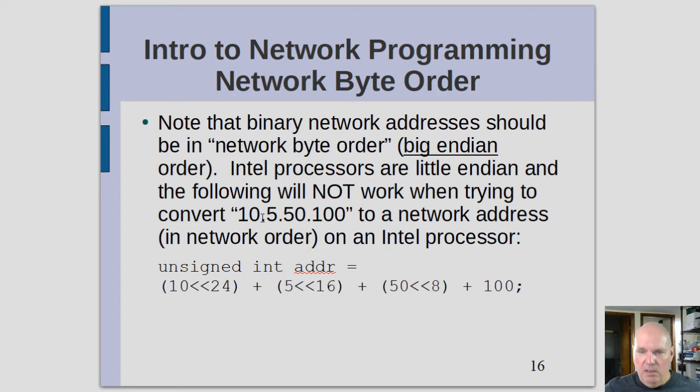So you might think that if you actually had these stored in separate bytes, you could convert this particular network address to its binary equivalent by shifting the 10 three bytes to the left and adding 5 after it shifted 2 bytes, and so on and so forth. This will work on a big endian processor. It doesn't work on a little endian processor. You'd actually have to shift the bytes differently to put it in network byte order.